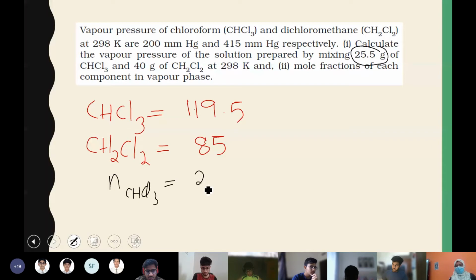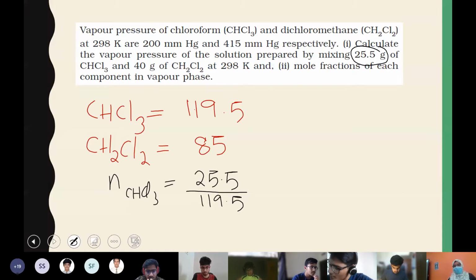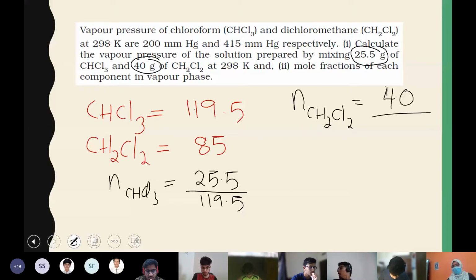So it will be 25.5 divided by 119.5. That will give you the number of moles. Similarly, calculate the number of moles of dichloromethane, CH2Cl2, whose mass is 40 grams, divided by molar mass 85. So you will get the number of moles of both components. Mass is already given in the question, and molar mass you have already calculated.